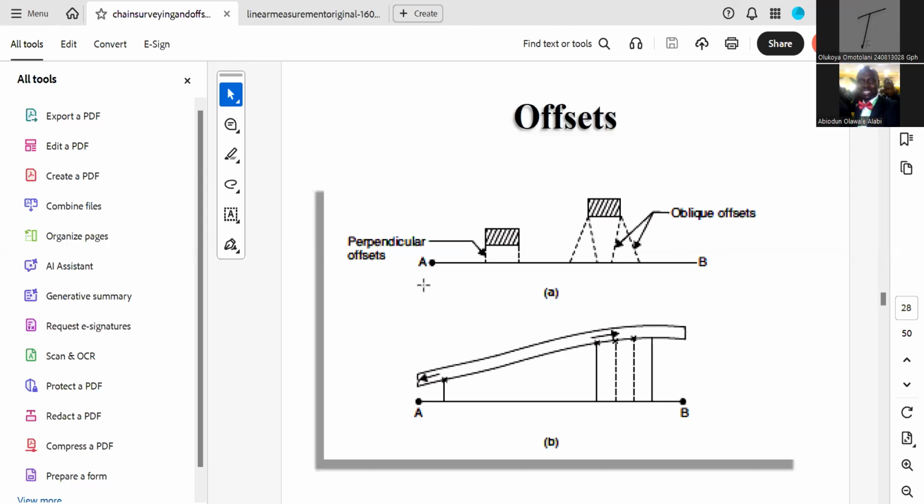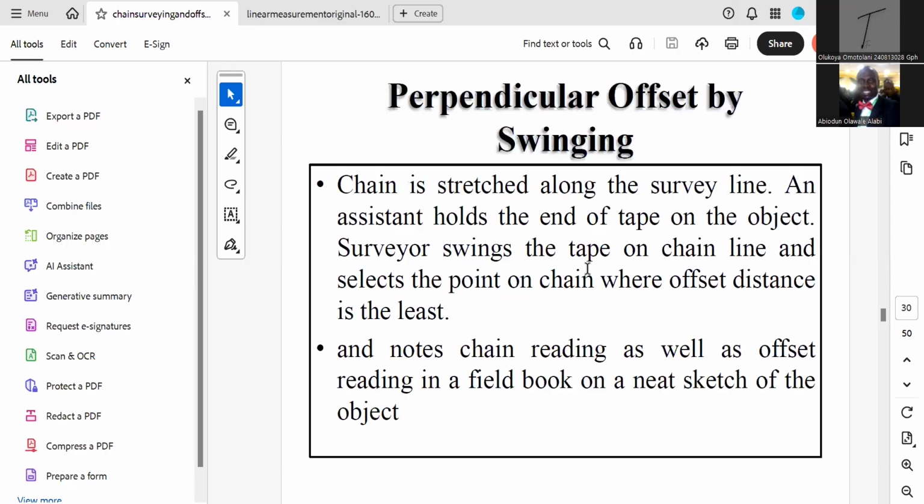All right, this is another example of perpendicular offsets and oblique offsets. Can you see this line? These two lines are perpendicular. These are oblique lines. So, oblique offsets.